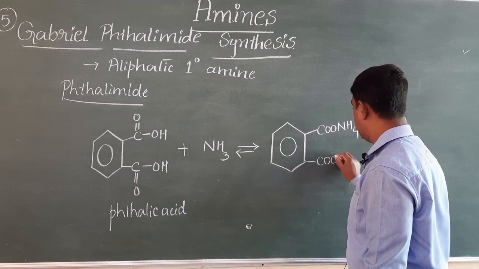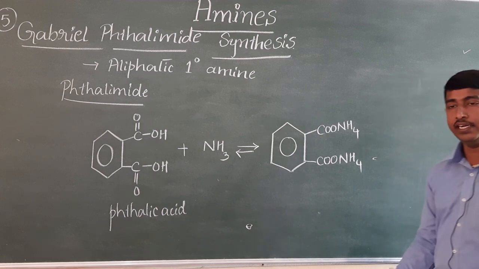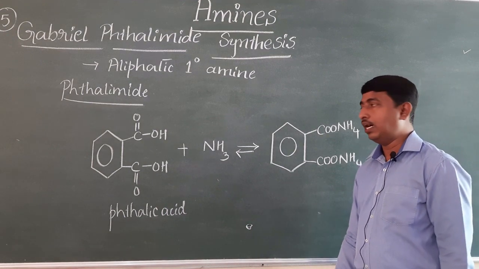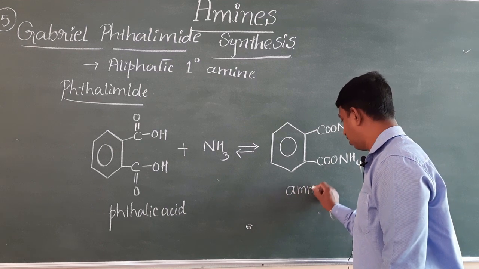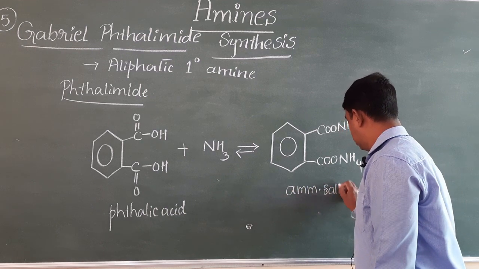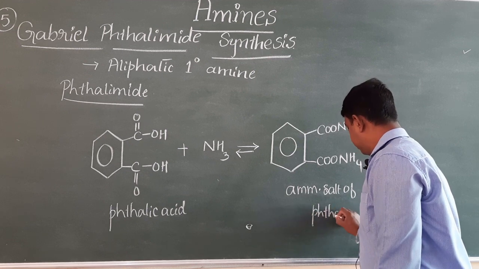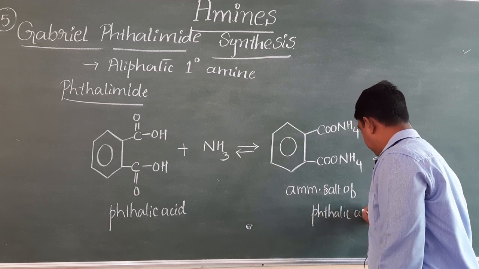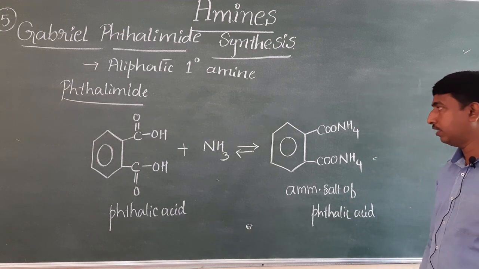It becomes an ammonium salt. This reaction you have already studied in the last unit, that is carboxylic acid. So this is the ammonium salt of phthalic acid.